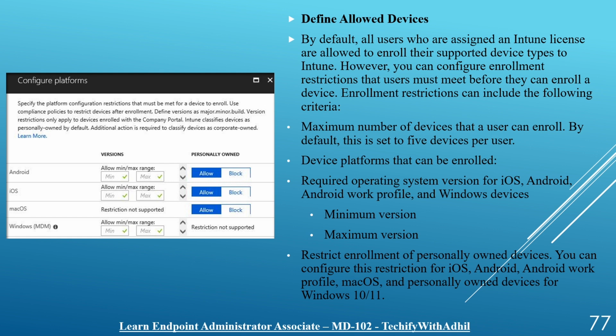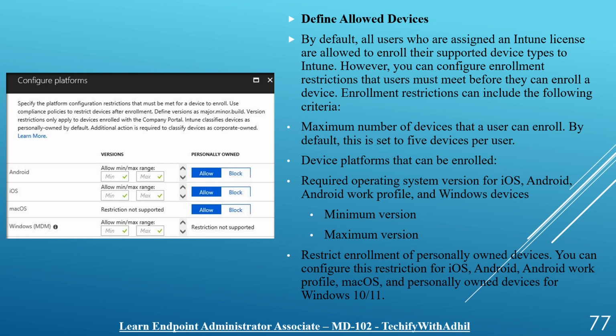So we can have the lower and upper limit. The lower limit is to avoid having devices with outdated versions. The upper limit is to avoid the very latest version or a beta version which might have bugs in it. So we can lock with both the ranges, up and down. Restrict enrollment of personally owned devices.